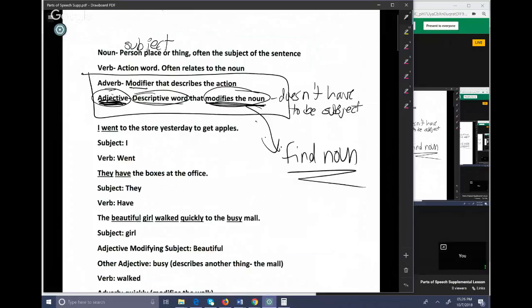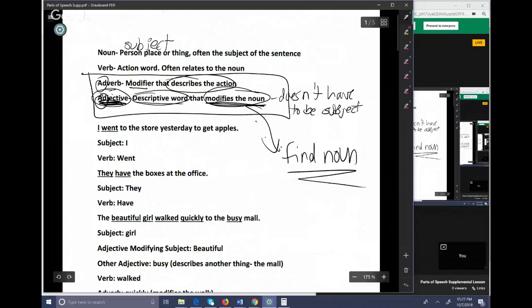With an adverb, we have the same situation, except an adverb is going to be something that describes the verb. And you'll notice they both have ad. Adverb is easy to remember because it's got verb in it. And so an adverb is going to essentially explain or describe the action.